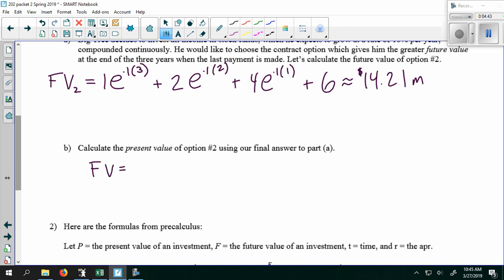Future value is present value times e to the 0.1t, assuming the 10% interest rate again. So my future value I know is 14.21. Present value is what I'm looking for, so P for present, e to the 0.1 for 3 years. And we want to solve for the P.